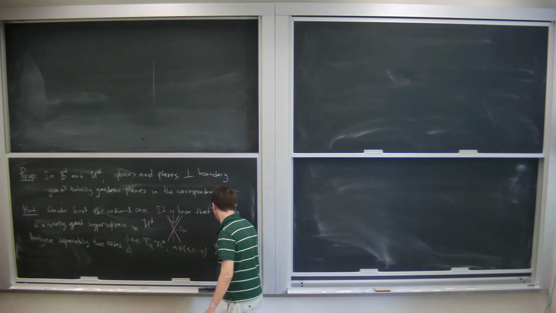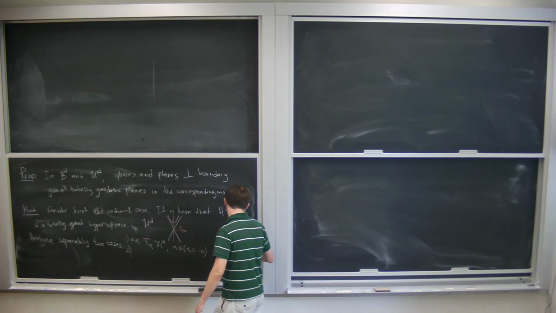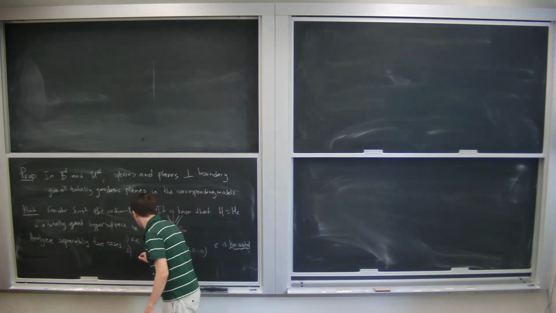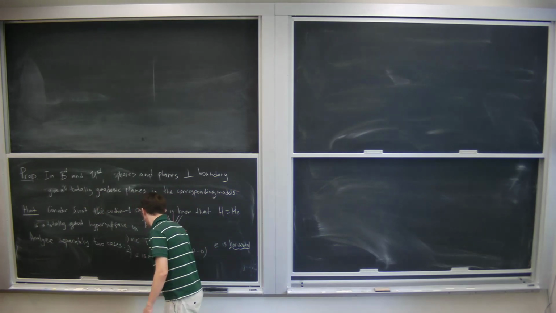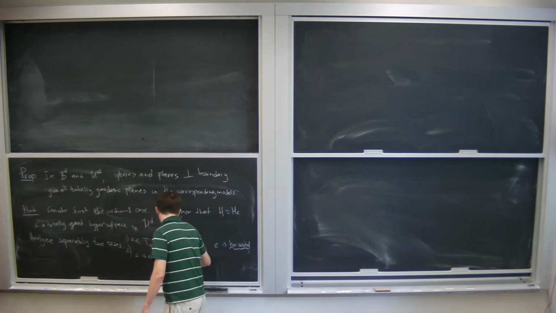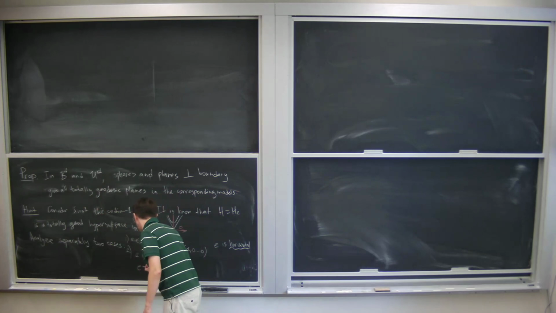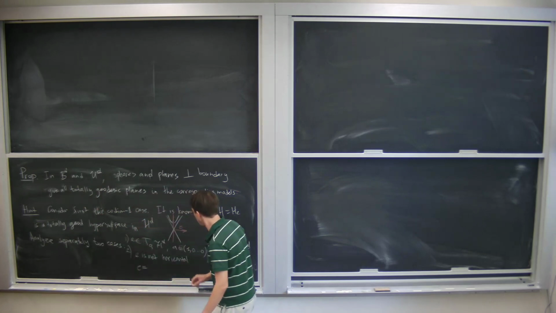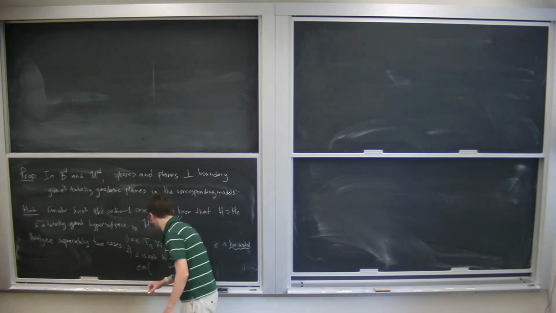Here, E is horizontal. And in the remaining case, E is not horizontal. That is, E has some coordinates.